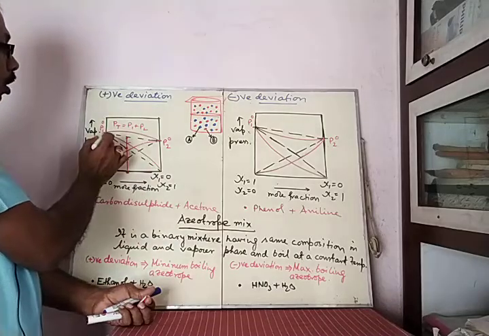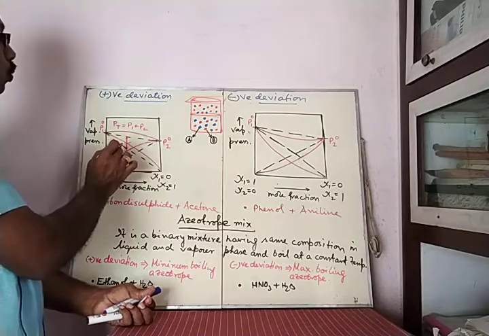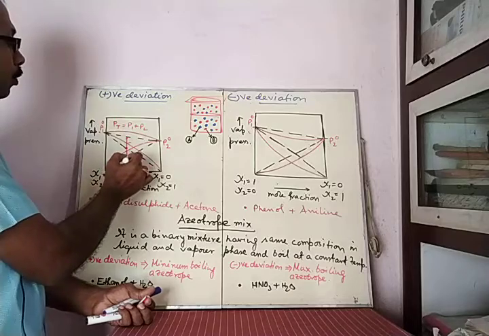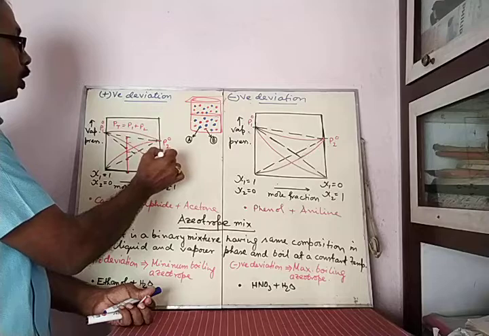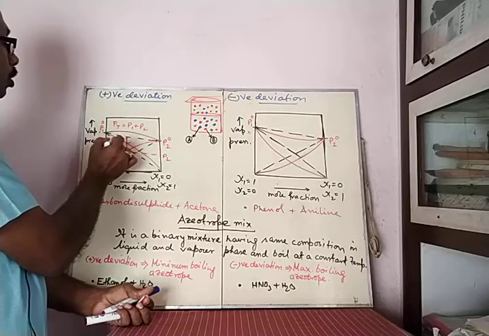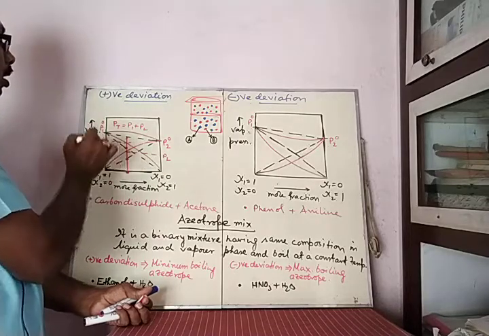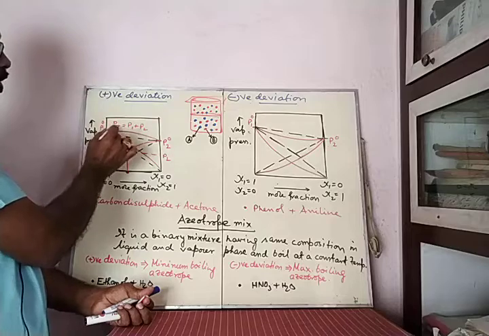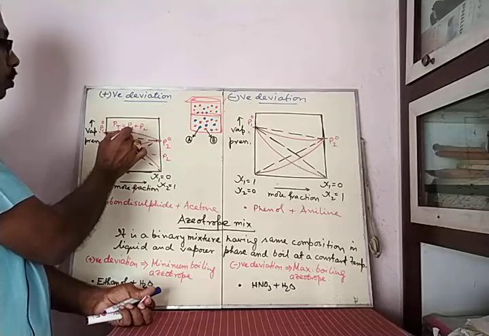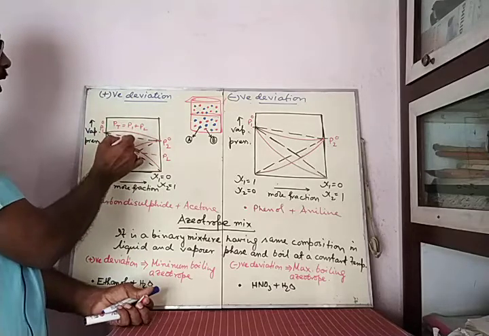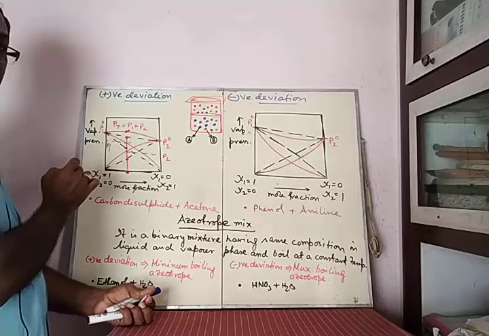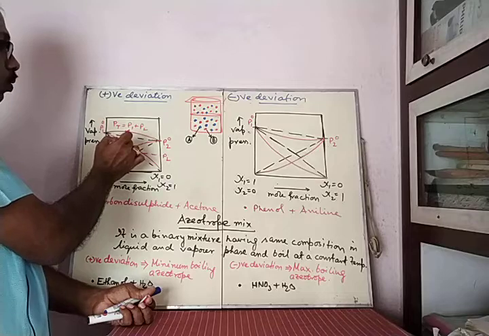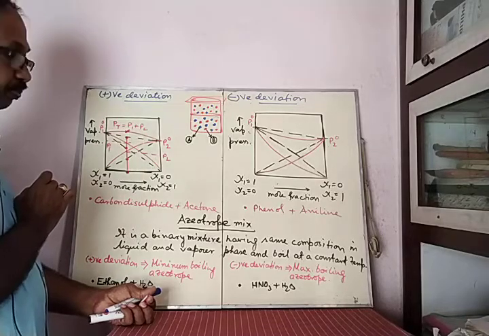Therefore when we add these two values of P2 and P1, the total pressure according to Dalton's law, P1 plus P2, also becomes more than the expected value. This is the value coming and this was the expected value.